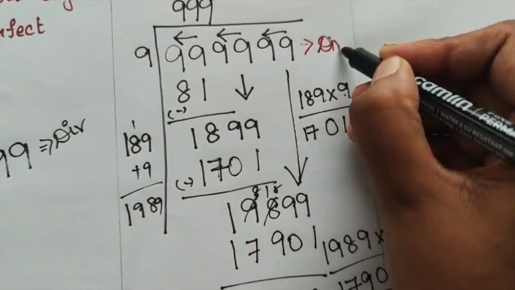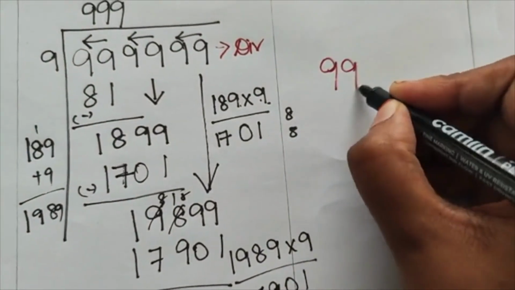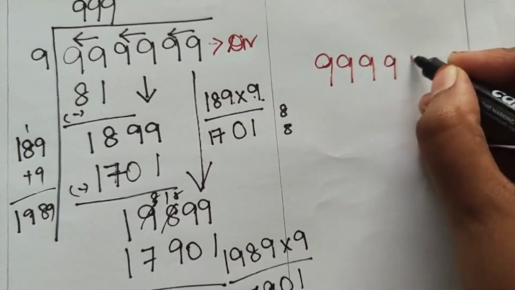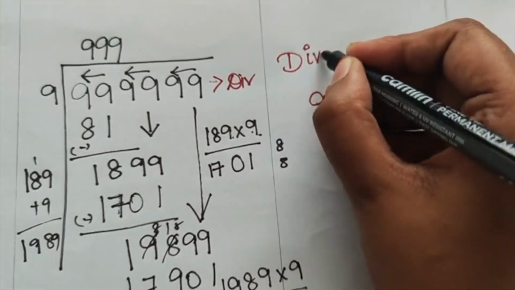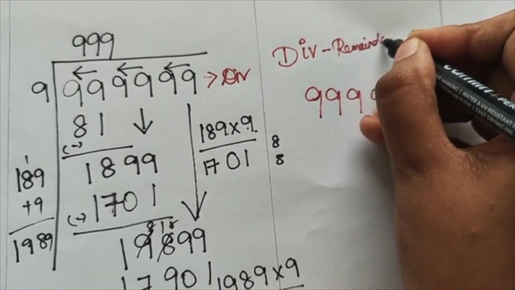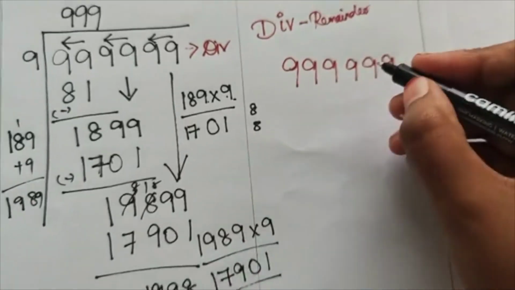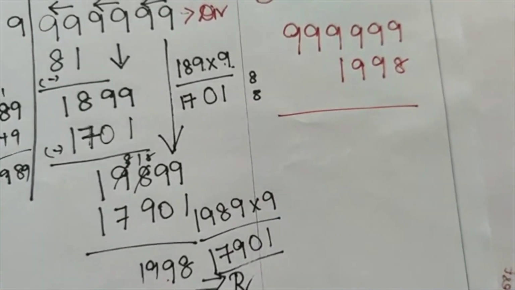In order to find the largest 6-digit number, we need to take the dividend. What is the dividend? 9,99,999. So the formula is dividend minus remainder. Dividend minus remainder is 9,99,999 minus 1998.